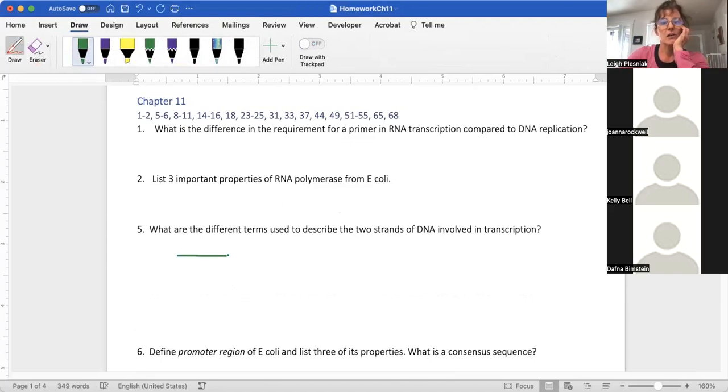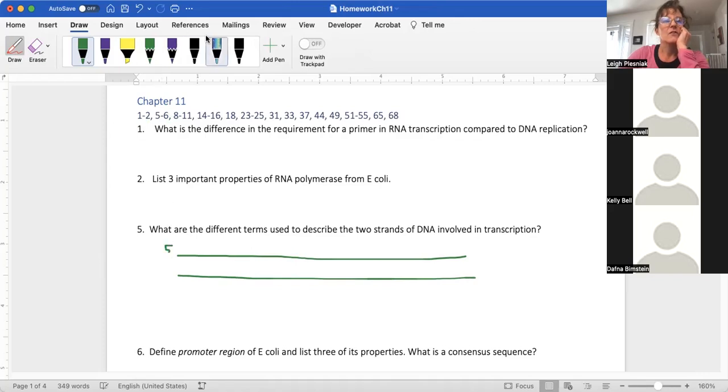Right, so if I draw my DNA, and let me do it different just to make it. There's my duplex. Let's say that +1 is here.